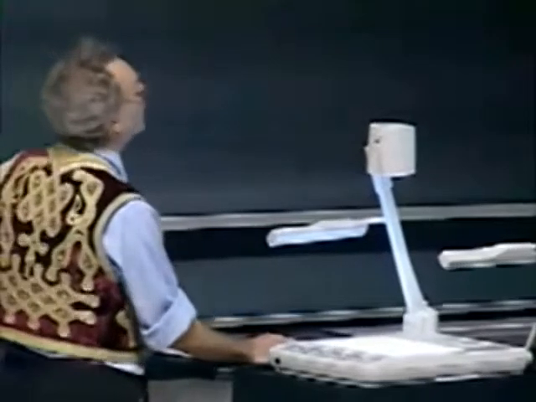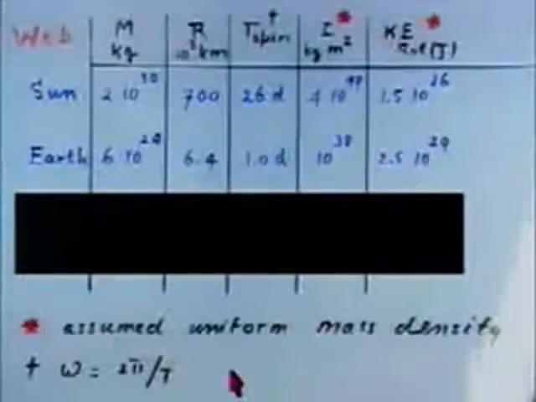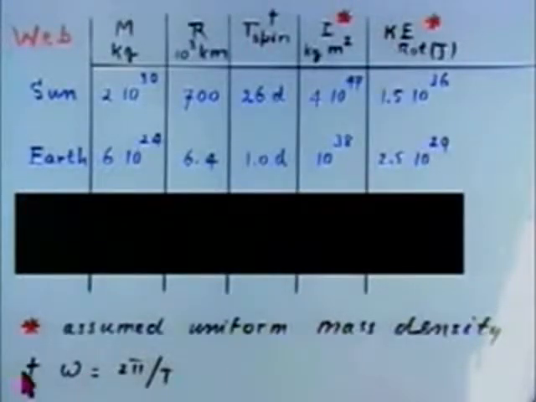Let's first look at the Sun. We have the mass of the Sun. We have the radius of the Sun. So you can calculate the moment of inertia of the Sun. I have used my 2/5 mr squared, which is really a crude approximation, because the 2/5 mr squared for a solid sphere only holds if the mass is uniformly distributed throughout that sphere. With a star, that's not the case. Not with the Earth either, because the density is higher at the center. But this sort of gives you a crude idea.